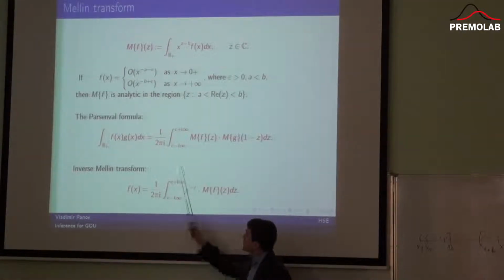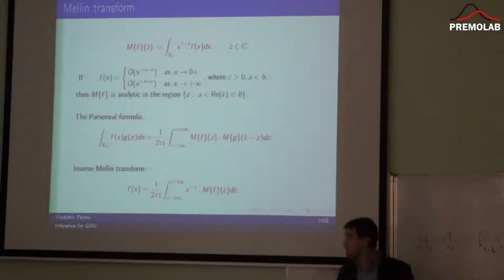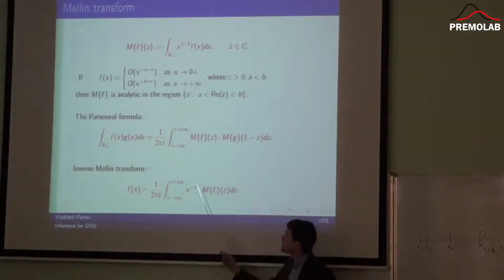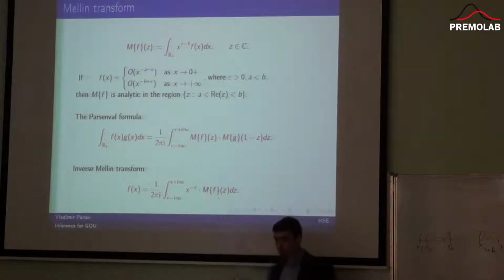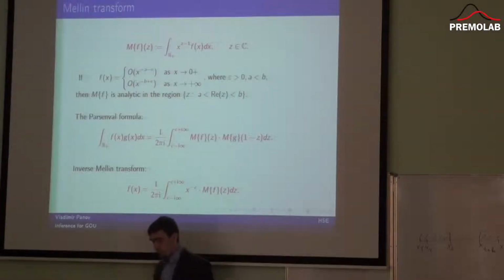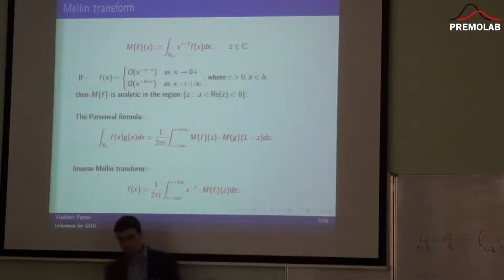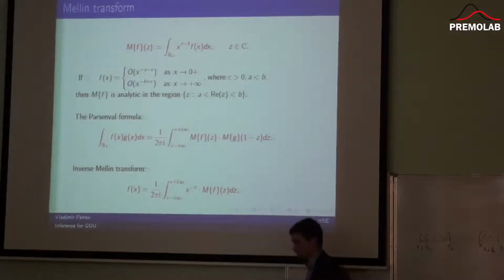There are a couple of facts that are analogs of similar facts in the theory of Fourier transforms, like the Parseval formula or the inverse Fourier transform. The main difficulty here is that we should take a complex integral over some contour, and this contour should be found in quite a sophisticated way. It should be taken such that all singularities of the functions f and g are on one side of this contour. I will skip these technical details, but these facts are still true for the Mellin transform.